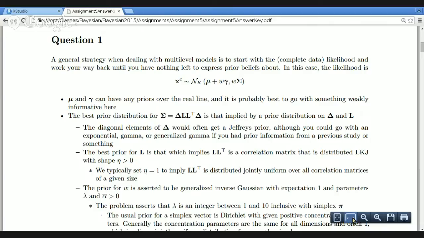If it makes it easier for you to think about, for the elements of XC that are originally observed, this is just a plain likelihood. And for the elements of XC that are missing, this is your prior for the missing values. It's just, because it's multivariate, some people are missing on some variables, not on others.